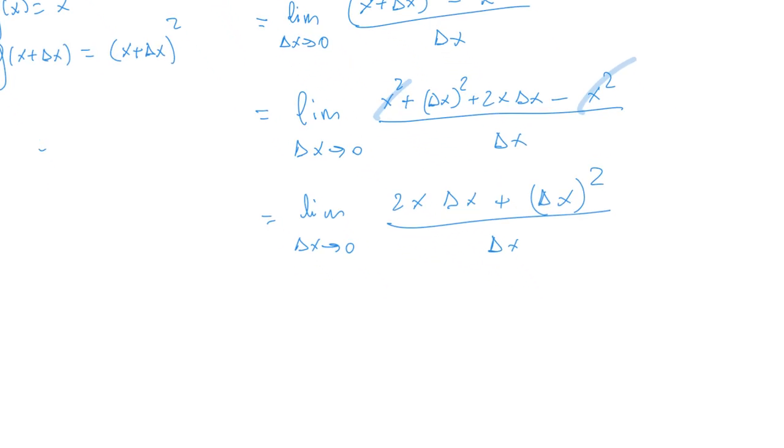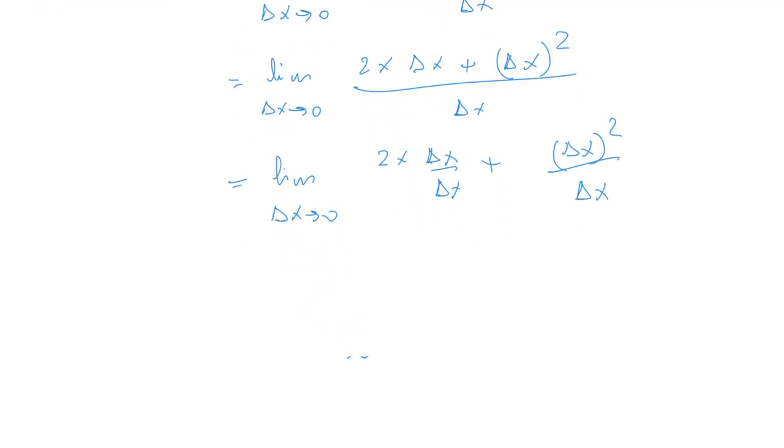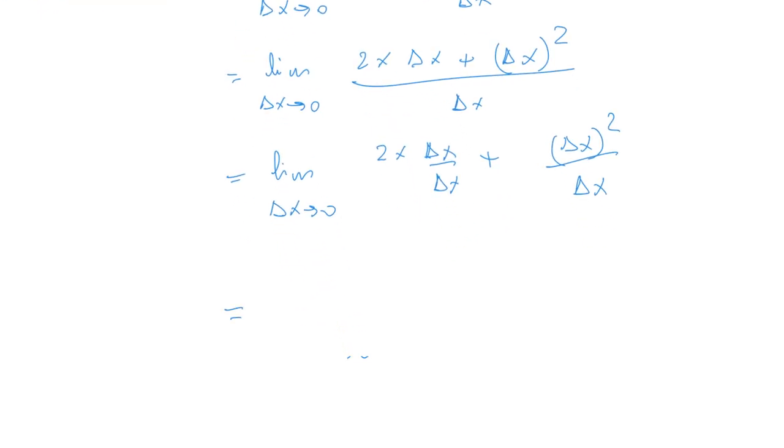But as you know, you can split this in 2 parts. The first part will be 2x delta x divided by delta x plus delta x squared divided by delta x. So now this limit, when delta x approaches 0: delta x divided by delta x is 1.